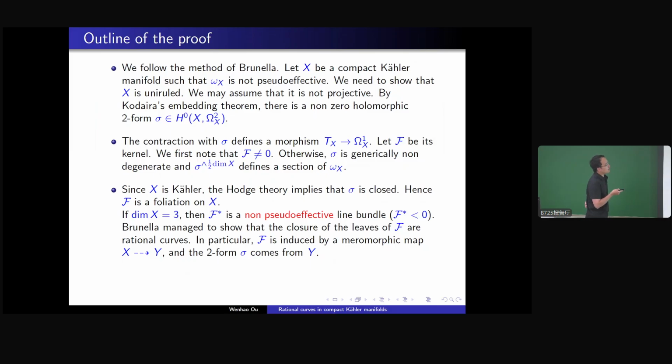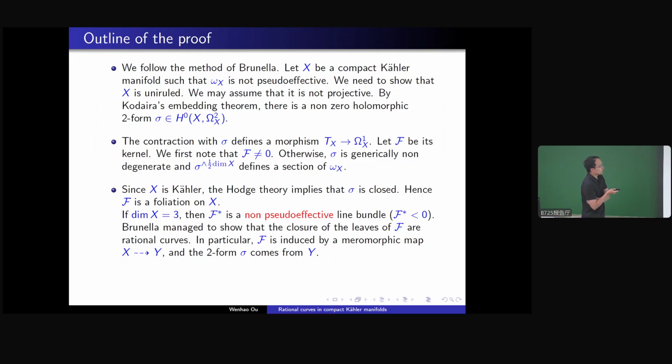We can show that F is non-zero, and F is different from TX. Indeed, if F is equal to TX, then sigma must be 0, so this is not the case. If F is equal to 0, we will see that omega X will have global sections, which contradicts the fact that it is not pseudo-effective. So F is non-zero, and the rank is between 0 and the dimension of X. Now I use the condition that X is Kaehler, and we have Hodge theory for compact Kaehler manifolds.